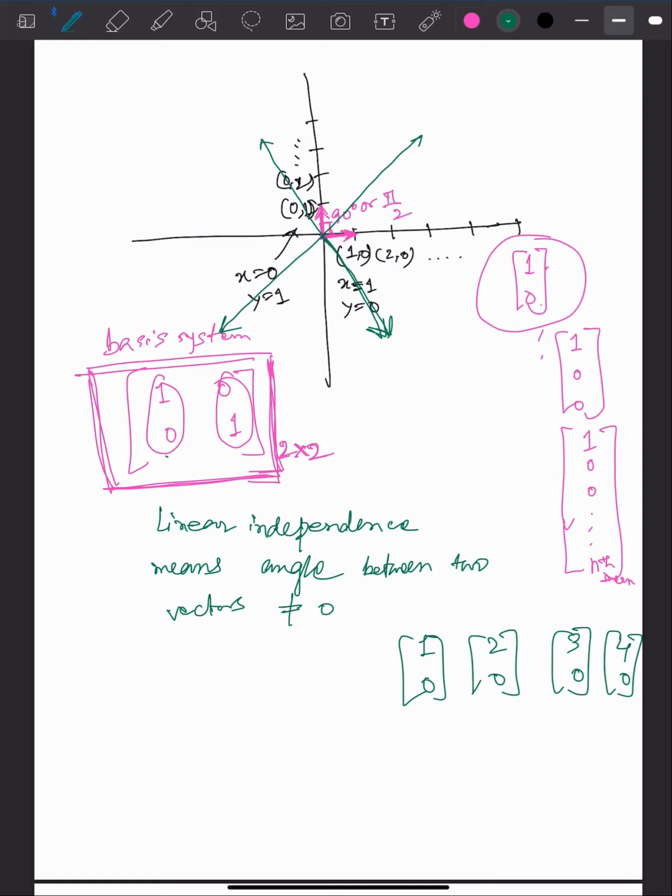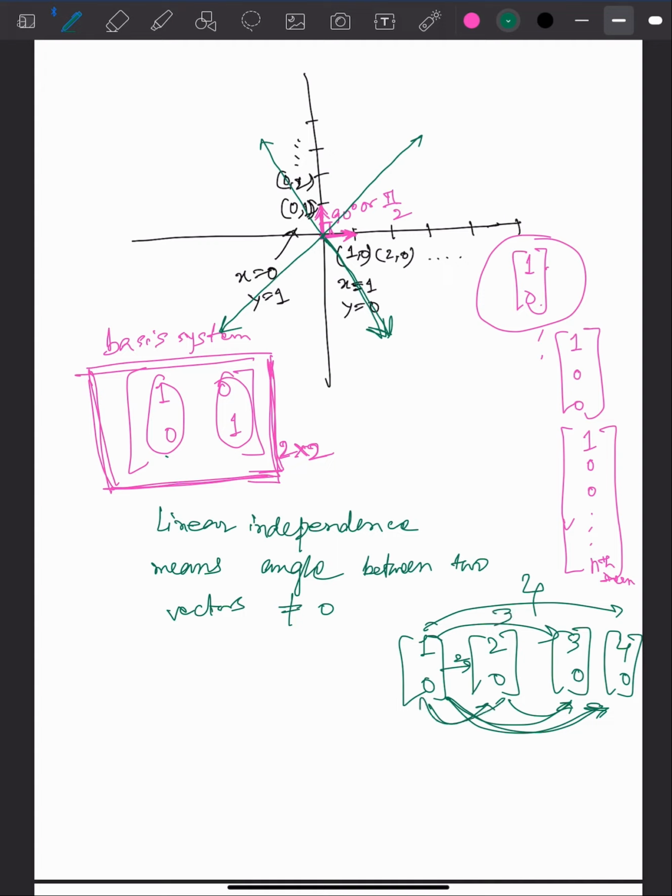That means if one of the vectors is a scalar multiple of another vector, then these vectors are linearly dependent. This is the scalar multiple of 4, this one is 2, this one is 3.